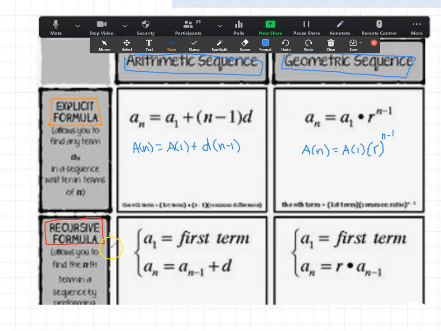Recursive formula, arithmetic: a sub 1, that's a number, but that represents the first term. And then a sub n is a sub n minus 1 plus d, the common difference, you're adding because it's arithmetic. So you take the previous term and add whatever the pattern is. Oh, and something that is not here is the restriction of n greater than or equal to whatever number is next.